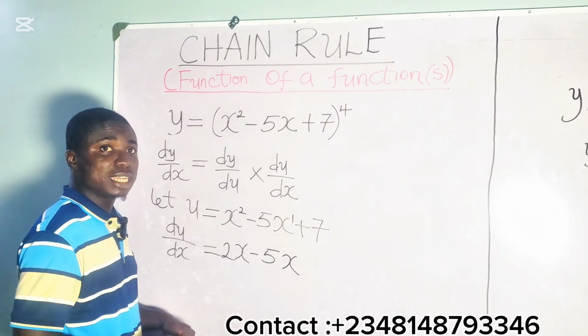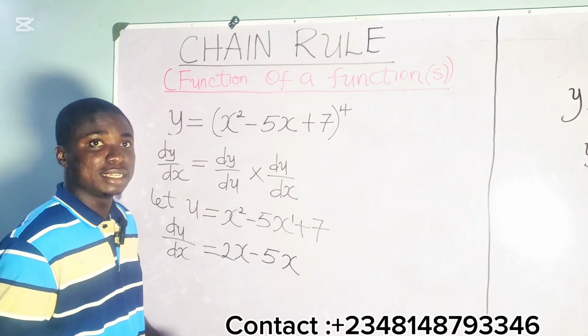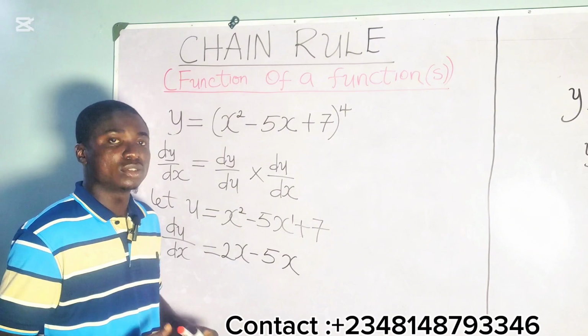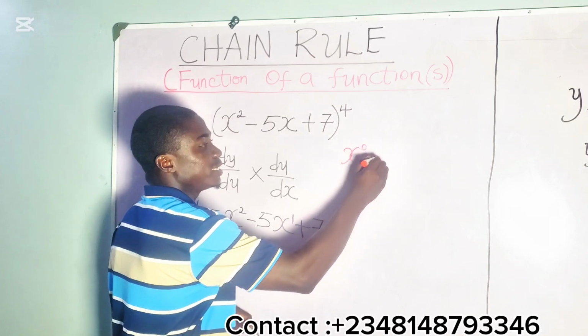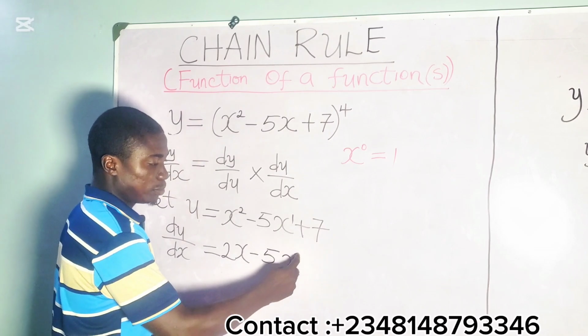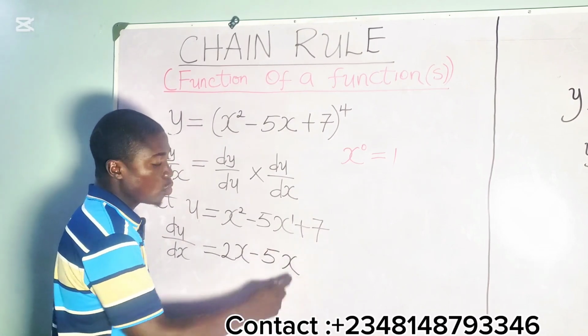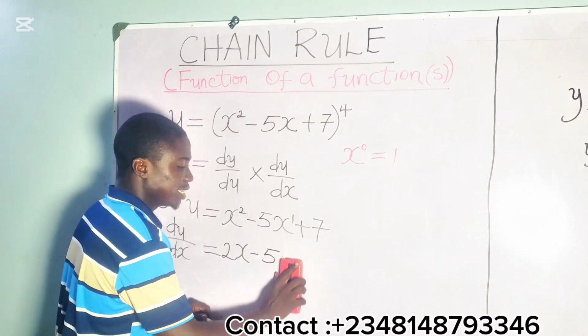And according to the zeroth law of indices, any number or base raised to power 0 is 1. So x raised to power 0 is equal to 1. So 1 multiplied by 5 is 5. So therefore, this x is eliminated.